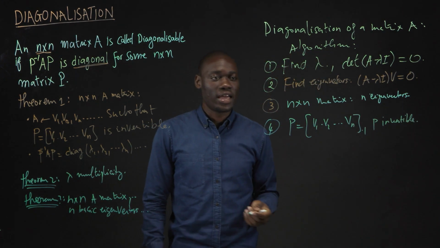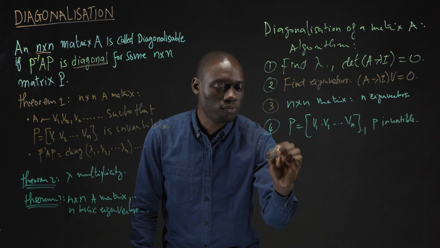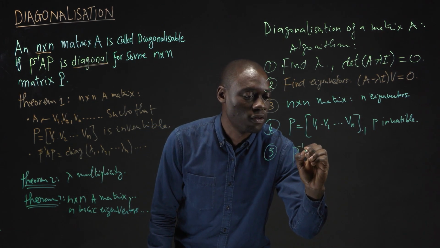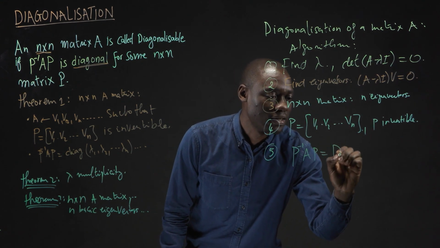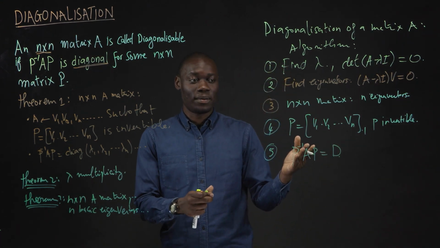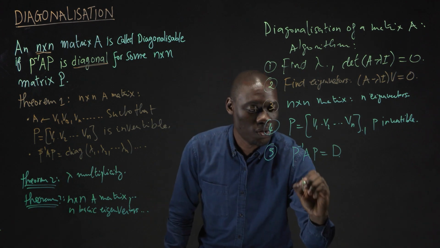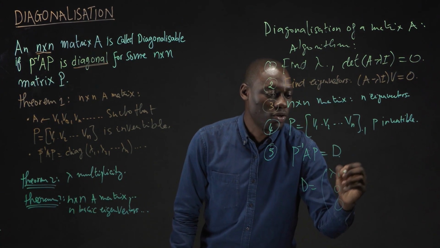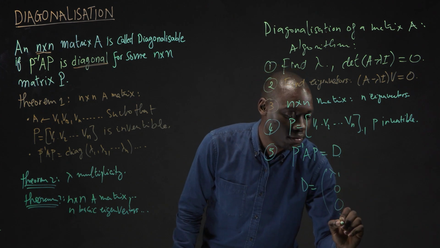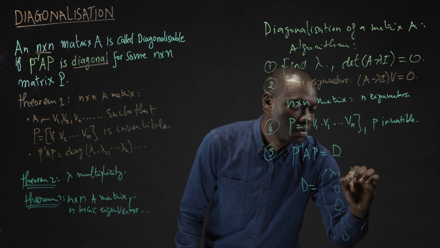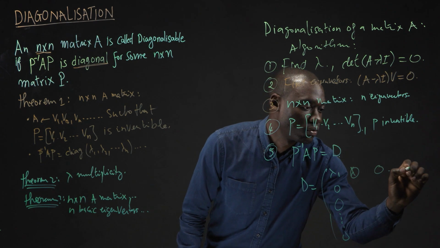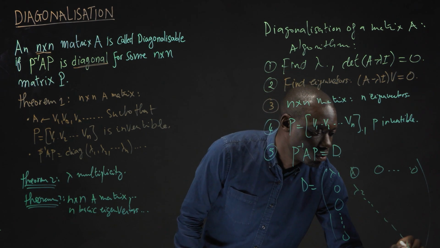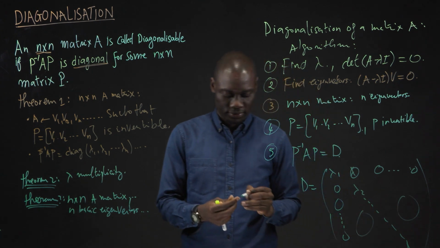And then you can also prove that your calculations are correct by showing that the inverse of P times AP equals the diagonal matrix, which is simply diag(lambda 1, lambda 2, ..., lambda n), with zeros elsewhere.